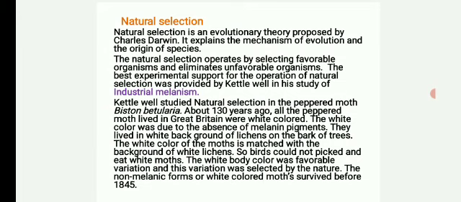The white color of moths matched the background of white lichens, so birds could not pick and eat white moths. The white body color was a favorable variation, and this variation was selected by nature. The non-melanic forms or white-colored moths survived before 1845.